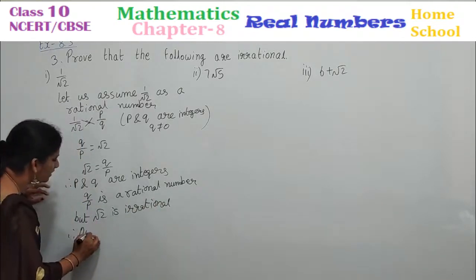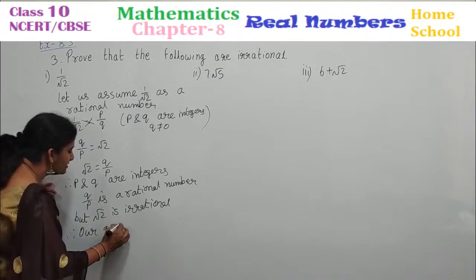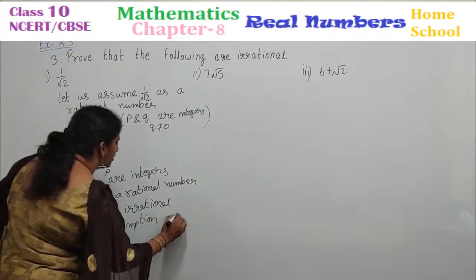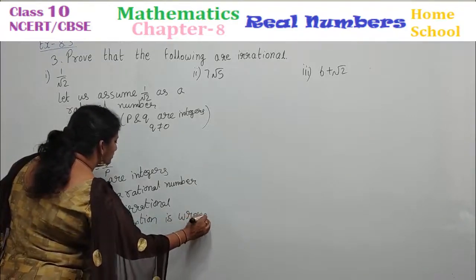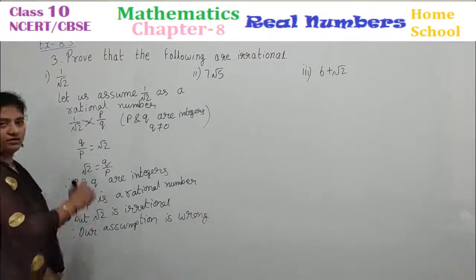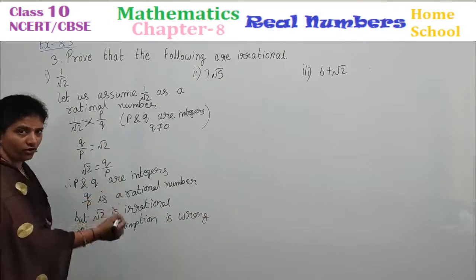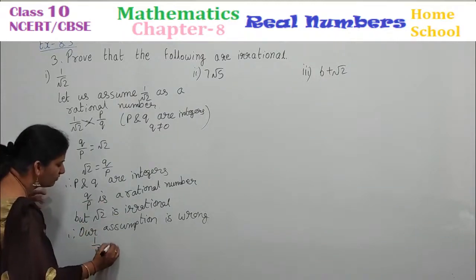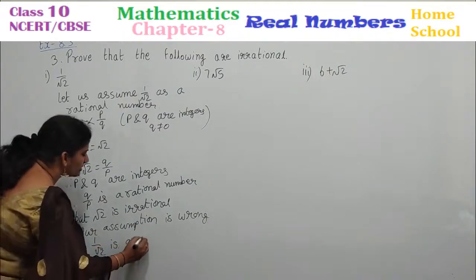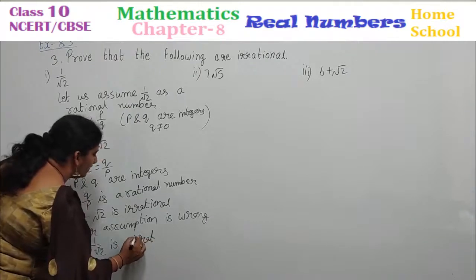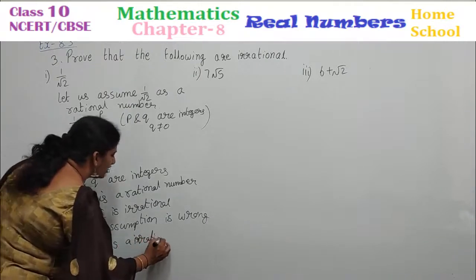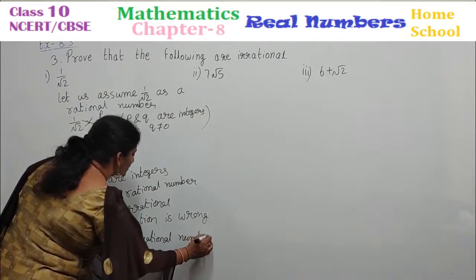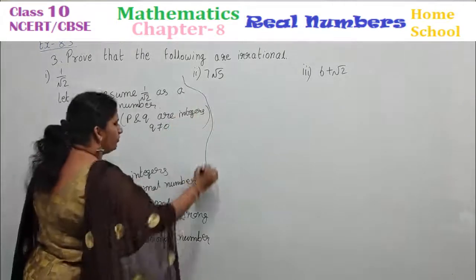Therefore, our assumption is wrong. What assumption? As rational, it is wrong. Therefore, 1 by root 2 is an irrational number. This is the thing we need to prove.